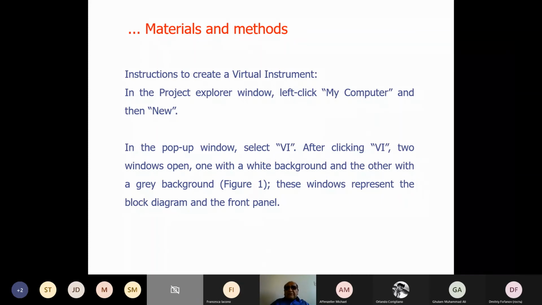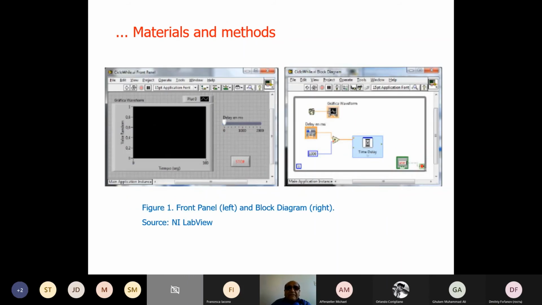After clicking on Virtual Instrument, two windows open: one with a gray background and the other with a white background. These windows represent the block diagram and the front panel.